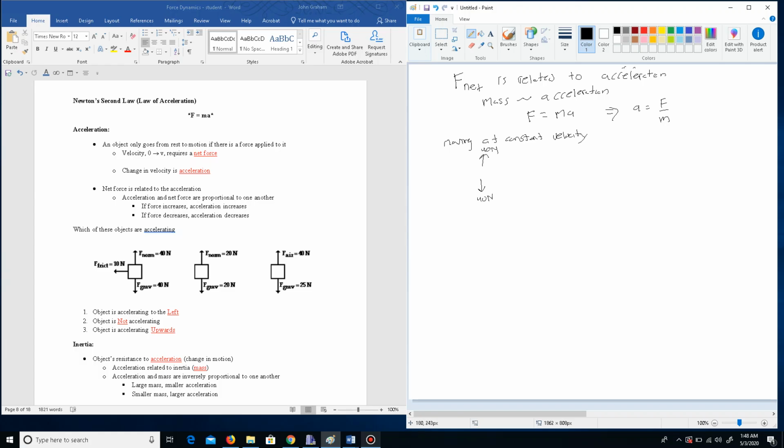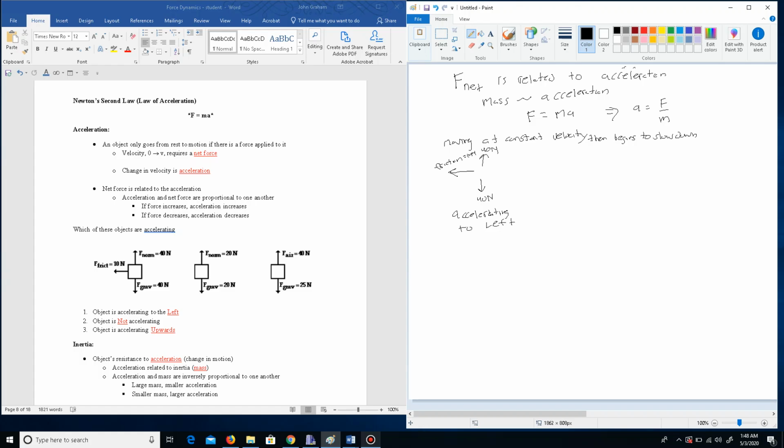It was moving at constant velocity, I should say, then begins to slow down. So it's braking or slowing down. You've got friction causing that, which is 10 newtons. So this one is accelerating, and accelerating to the left.